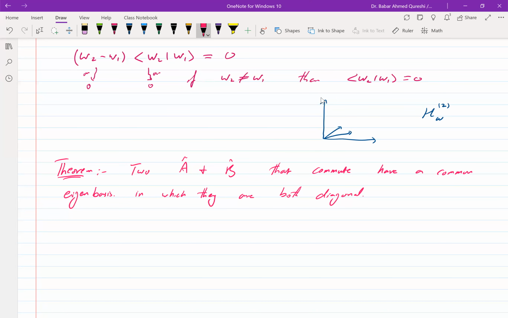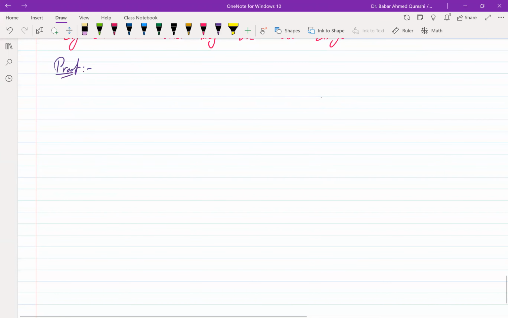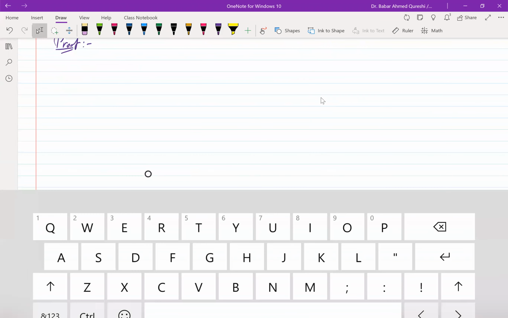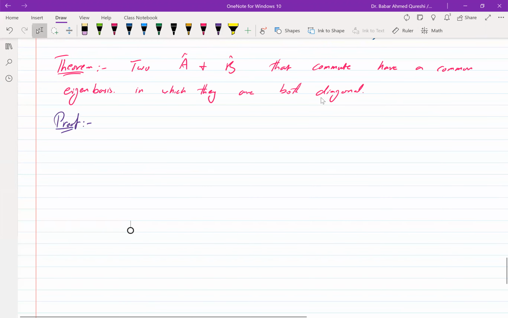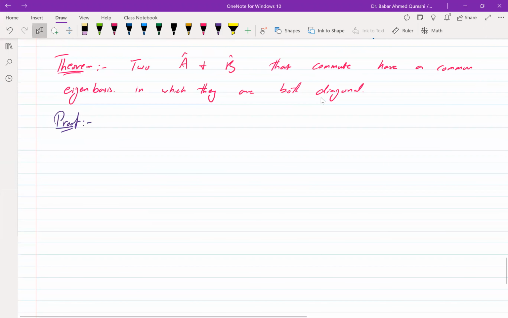So you can choose a basis if A and B commute. Proof. I'll just write the proof very colloquially. What does commutation mean? It means on any vector AB is BA.